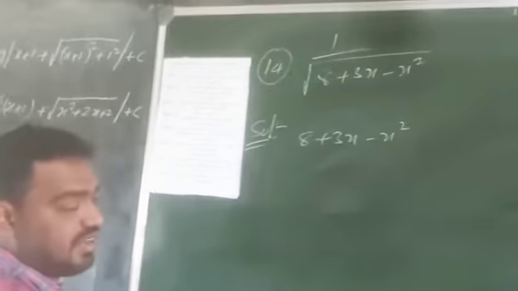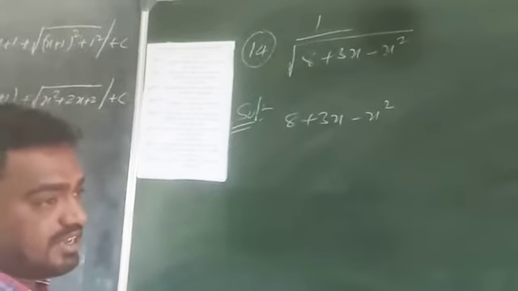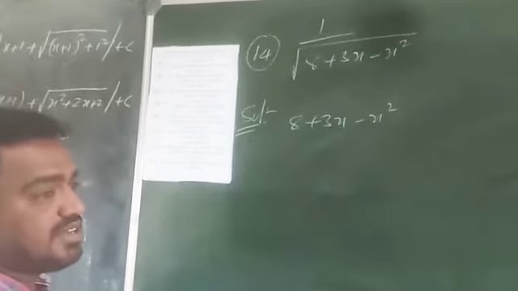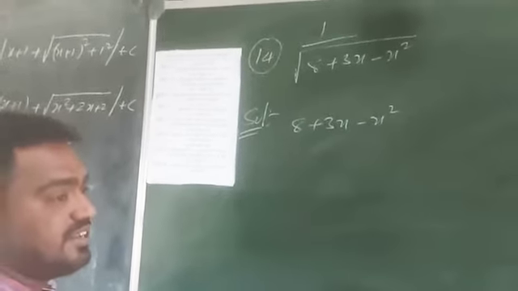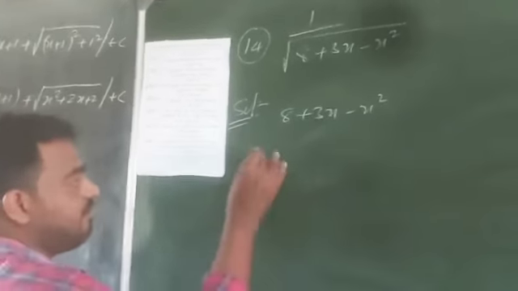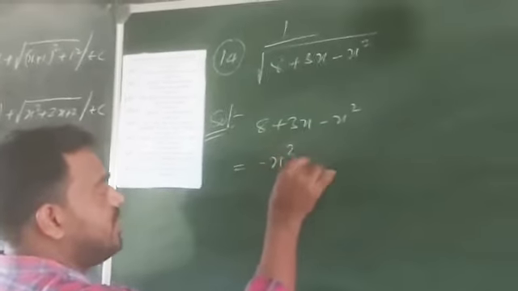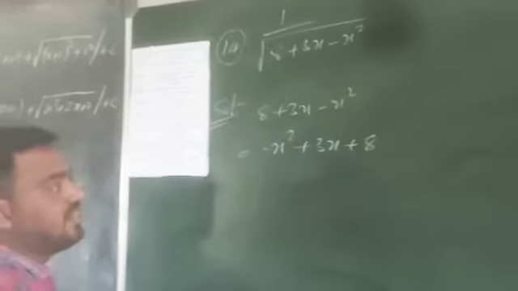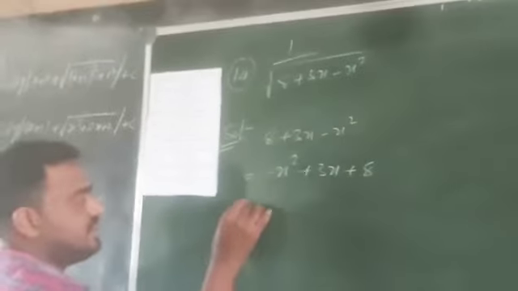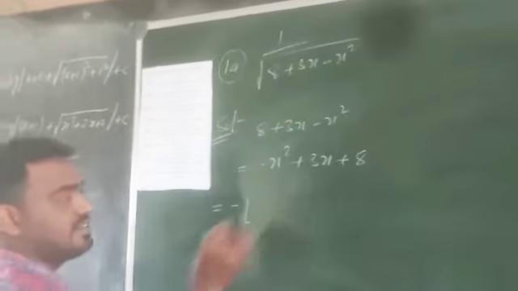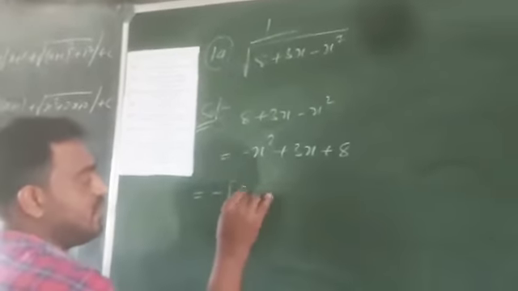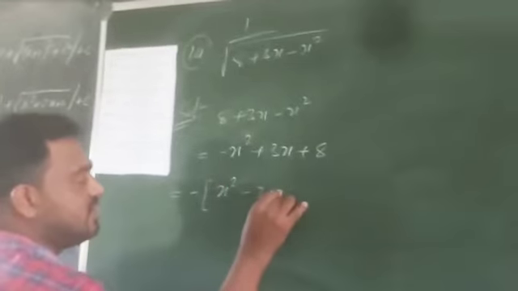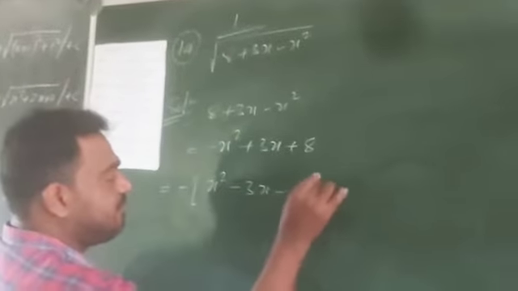This one also we convert into a into x plus alpha whole square plus or minus beta square. So first x square I write plus 3x plus 8. What is the first step? The x square coefficient we need to take out. It is minus, so I take minus common: x square minus 3x minus 8.